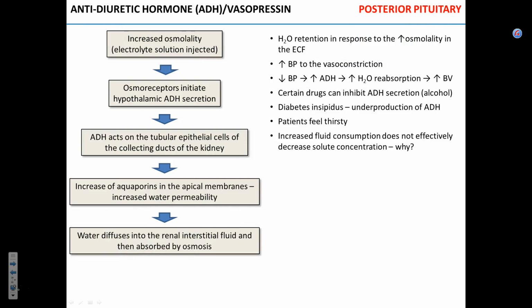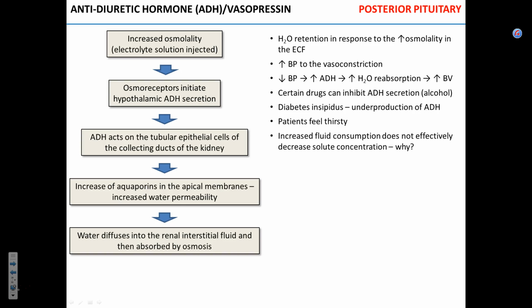Okay, going back to our ADH. So we just figured out that it is produced in response to dehydration, when you don't have enough water. When water content in your extracellular fluid is low, what about solute concentrations? When you decrease water, what happens to the concentrations of solute?